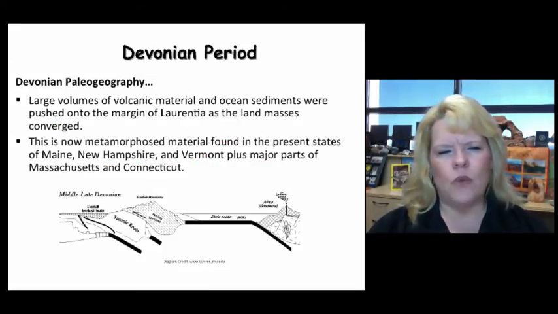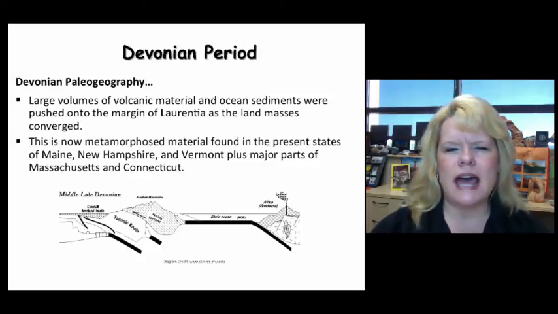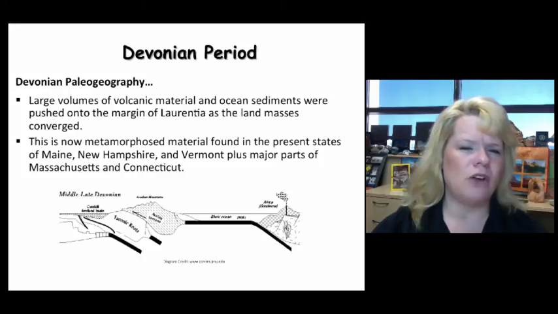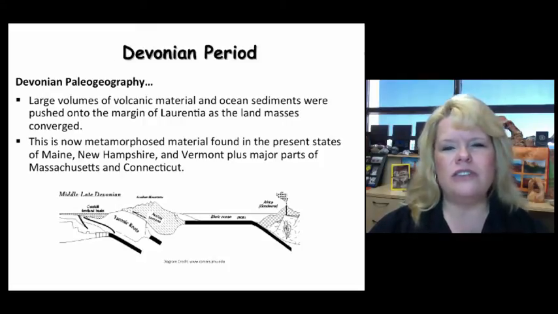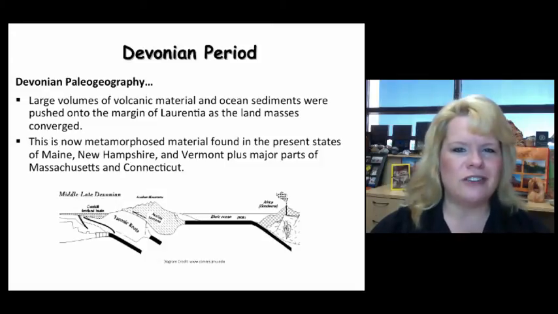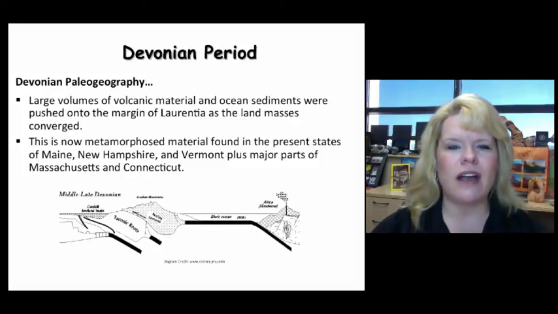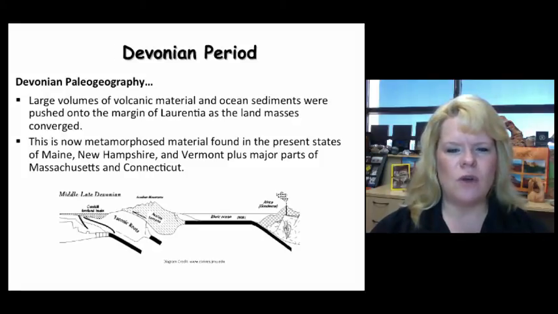Now, we had large volumes of volcanic material and oceanic sediments that were pushed onto the margin of Laurentia, which is going to be the new super northern continent that will join at the hip with Gondwanaland a little bit later. So as these land masses, meaning Europe and Asia, smash into us, meaning North America, then we're going to start to see this uplift occur.